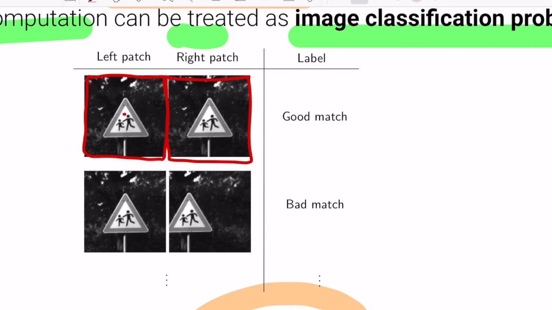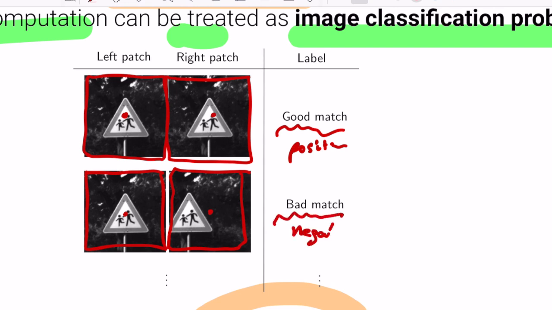When you just consider the center pixel, and if we have ground truth data, we can say these two patches are a good match, or positive patches. And if there is one patch in the left image, but another patch in the right image that is not the corresponding one, it's a bad match case, or negative patch case. Then this is an image classification problem.